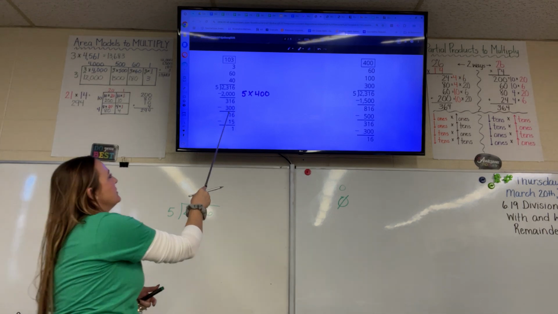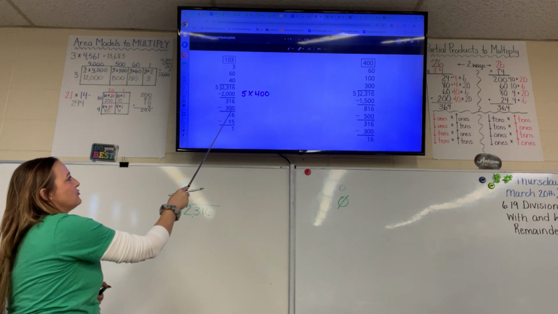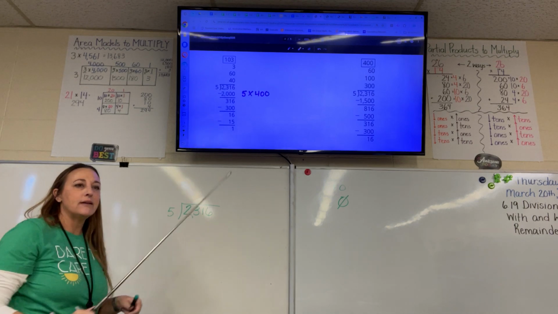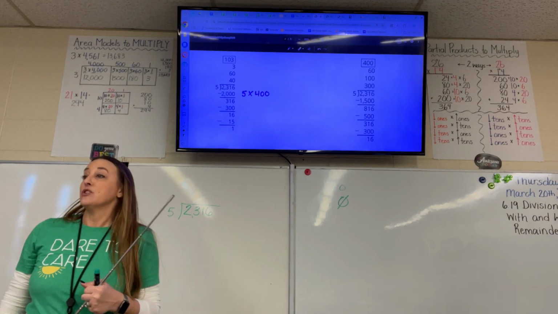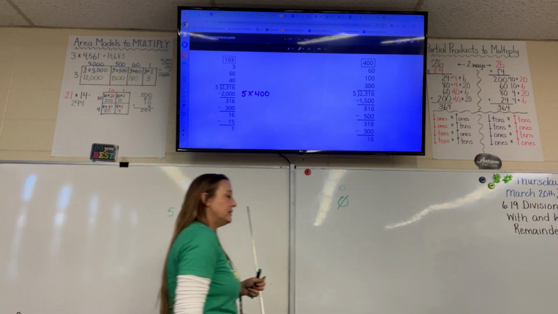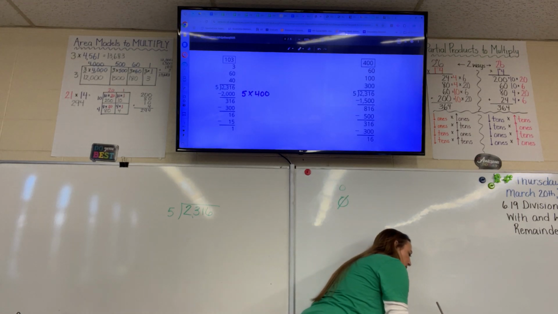Then he subtracted, he chose the number 300. Is 300 a multiple of 5? Does it have a 5 or a 0 in the ones place? Yeah. So it is a multiple of 5. What do you multiply 5 times to get 300?